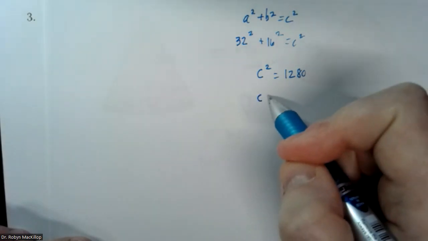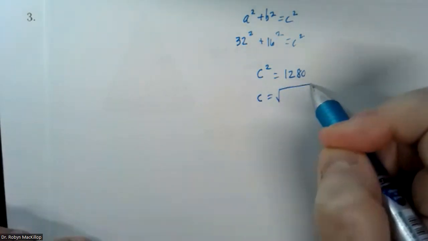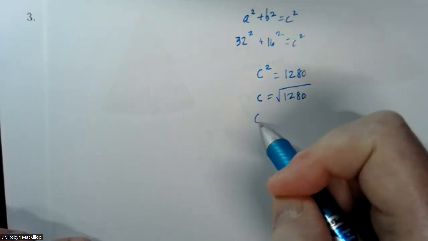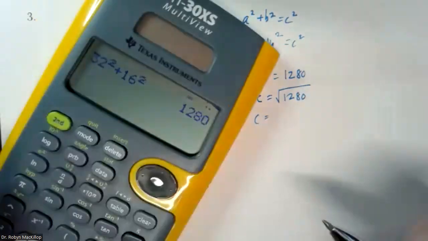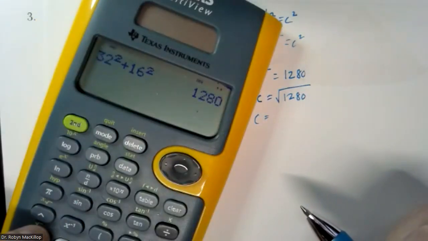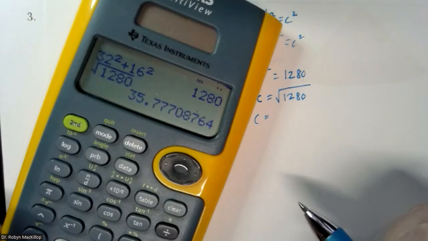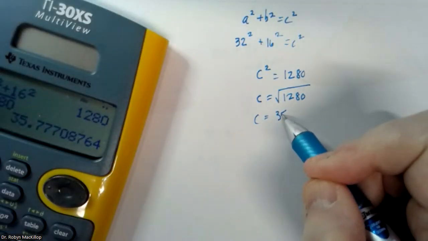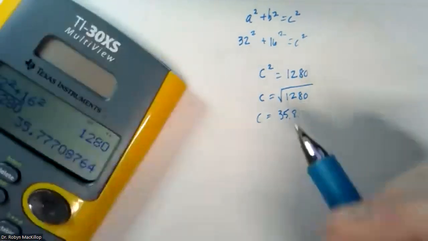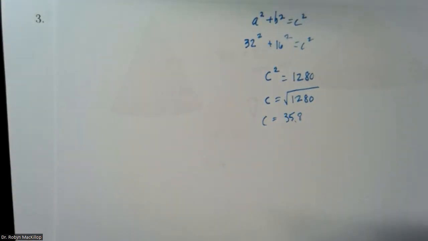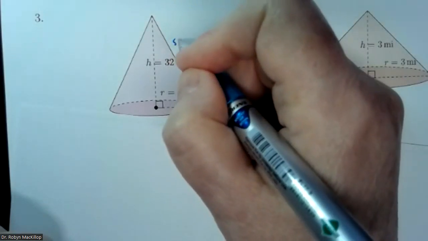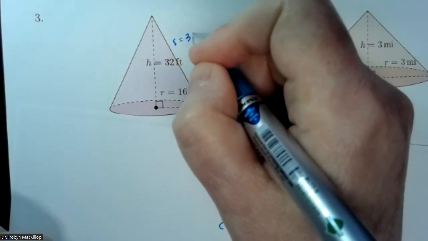So C equals the square root of 1280, which is 35.8. That makes a lot more sense. 35.8. So that means we can come back to our image. This side is 35.8.